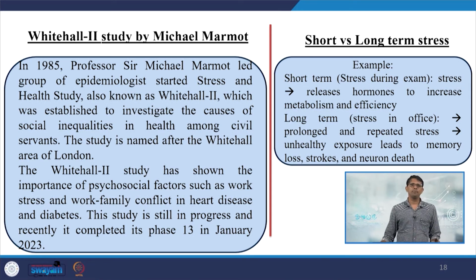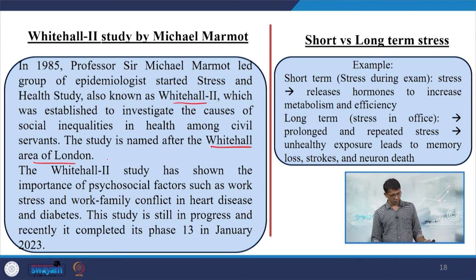In 1985, Professor Sir Michael Marmot led a group of epidemiologists and started the stress and health study, also known as Whitehall II, which was established to investigate the causes of social inequalities in health among civil servants. The study is named after the Whitehall area of London.